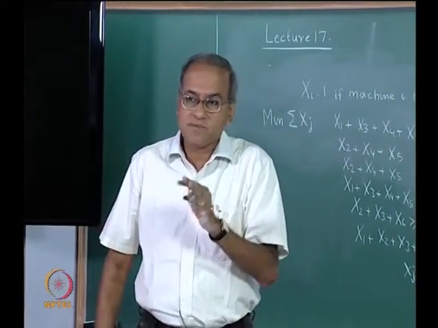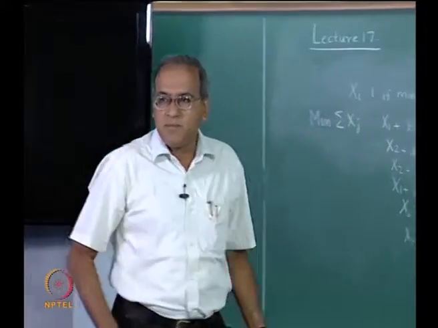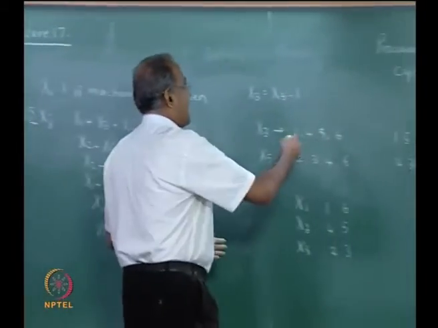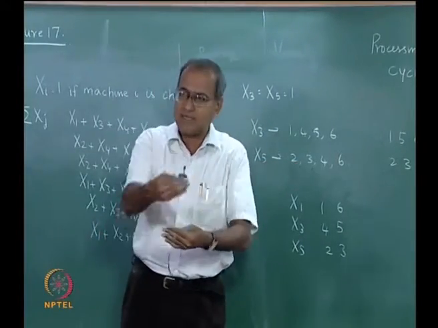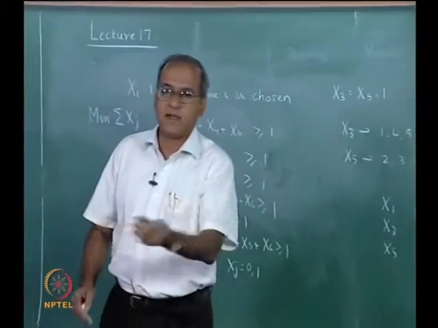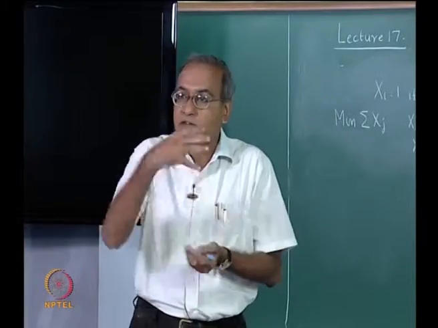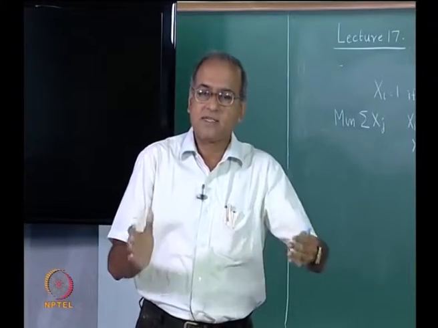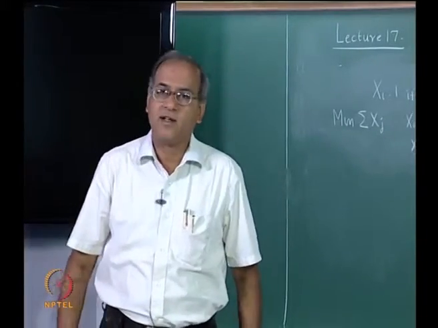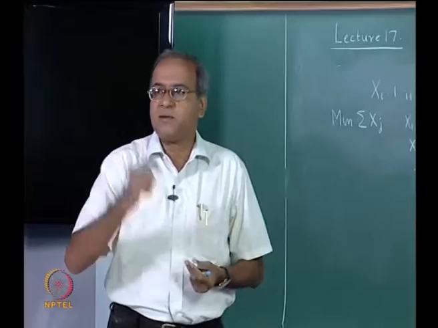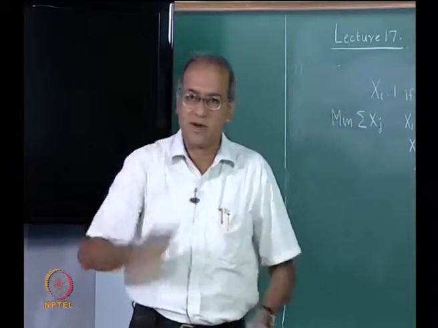But we also have to keep something in mind: as a mathematical problem, we can simply add a constraint, assuming that we have processing times, which we have not done here. We will see that later, but we could add a cycle time constraint. But we also have to understand that this cell, when made, has a realistic life of about 2, 3, 4 years, whereas the required cycle time can vary every day depending on the daily demand of the product.